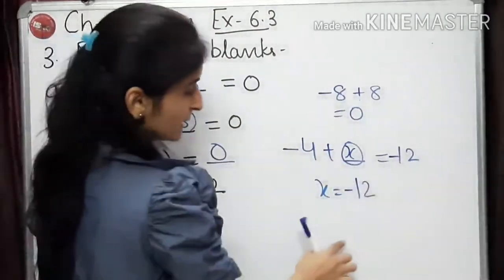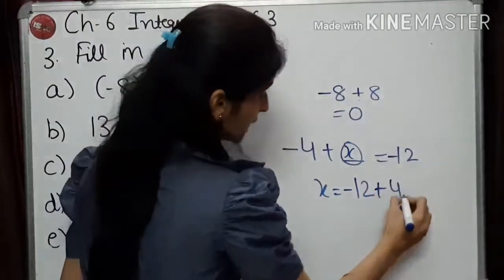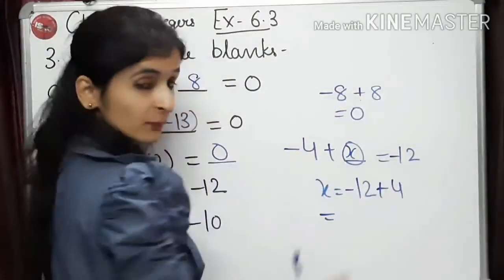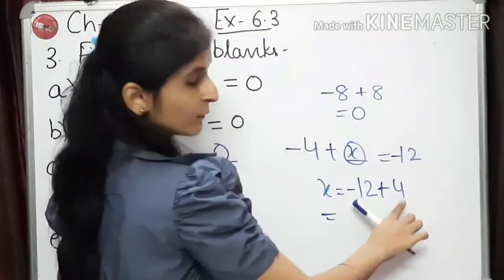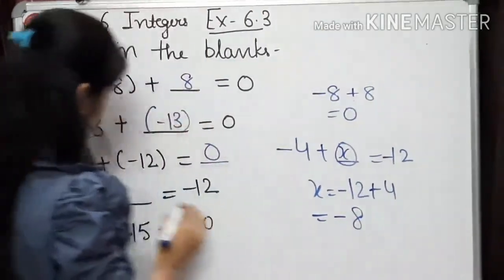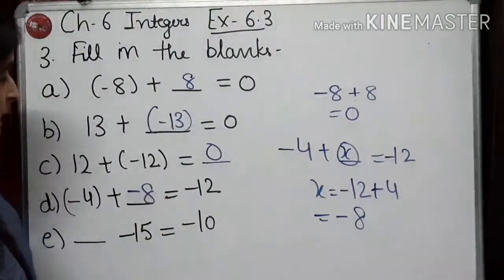Here we have minus 12. So if you take this minus 4 to this side, what will it become? Plus 4. So minus 12 plus 4, one negative and one positive. So we will do subtraction. 12 minus 4 is 8 and the sign will be of negative. So the answer here is minus 8. What we have done?